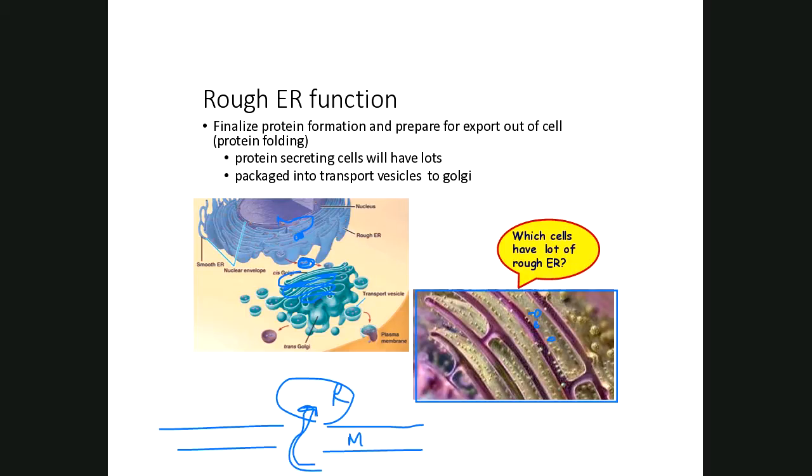And so the rough endoplasmic reticulum is a site where we'll actually make those proteins and then package them on.